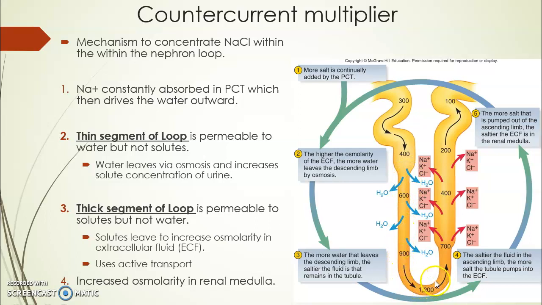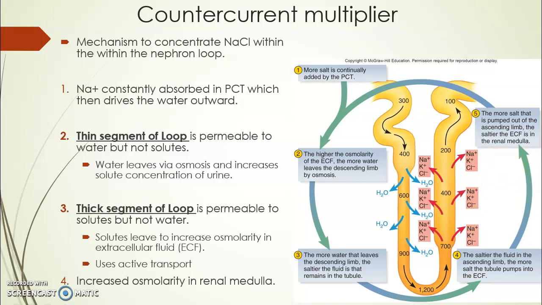Now, as we move up the ascending loop of Henle, the thick segment, it is permeable to solutes, but not water. So the solutes exit into the tissue and make the concentration of solutes very, very high in the tissue.